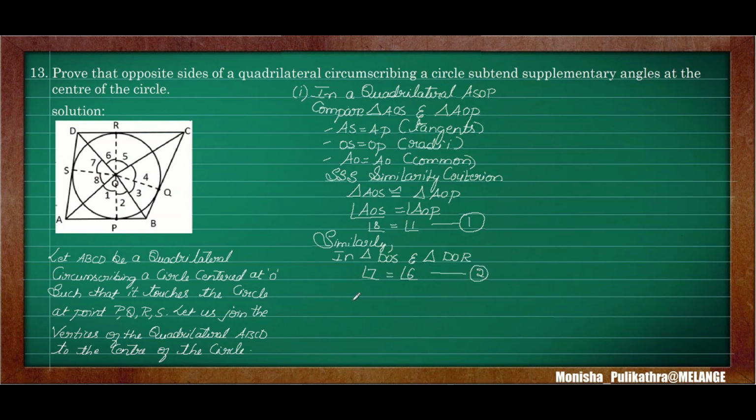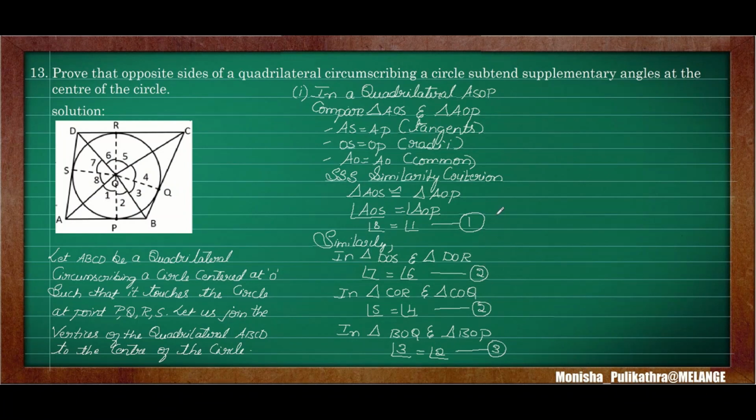This can be equation number 2. And in triangle COR and triangle COQ, angle 5 will be equal to angle 4. This can be equation number 3. Next, in triangle BOQ and triangle BOP, angle 3 will be equal to angle 2. Okay, this is equation number 4.